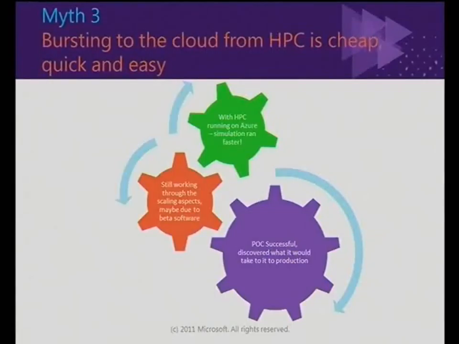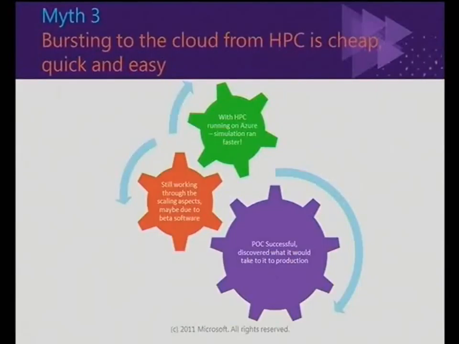If we think back to the goals of the proof of concept, that was one, that we had to provide faster and more calculations. We're still working through some of the scaling aspects. I expect that that's part of the journey that the vendors will be on to figure out.